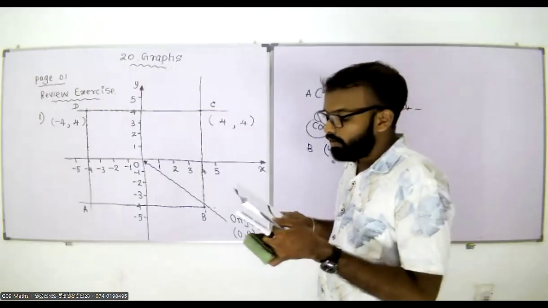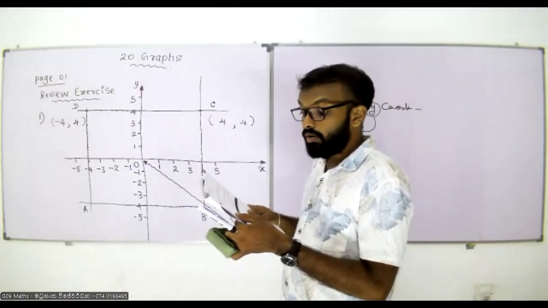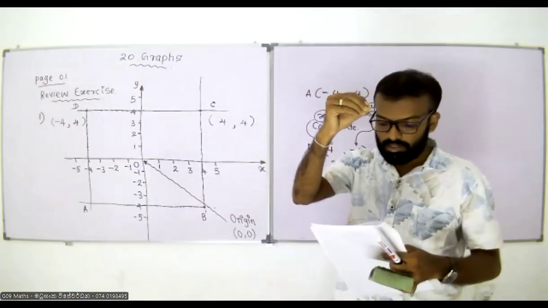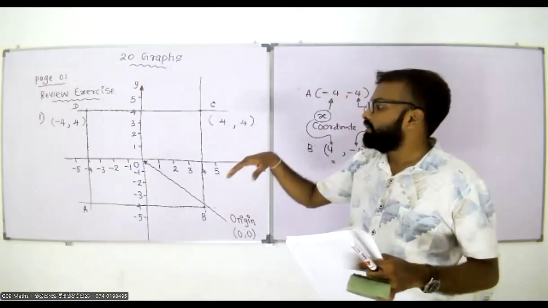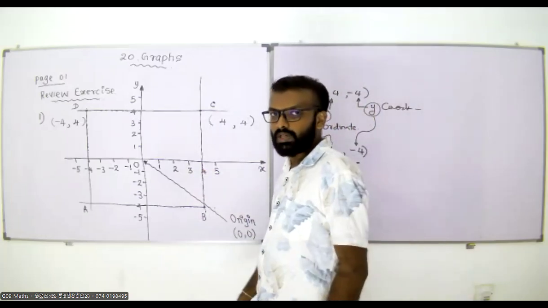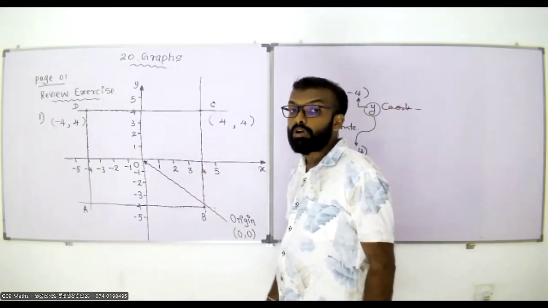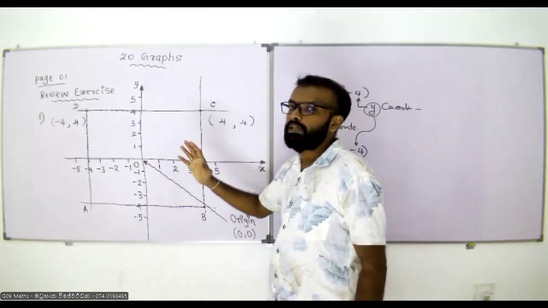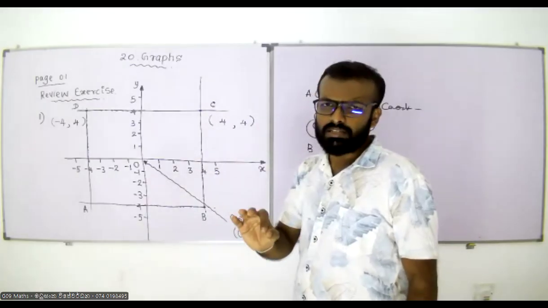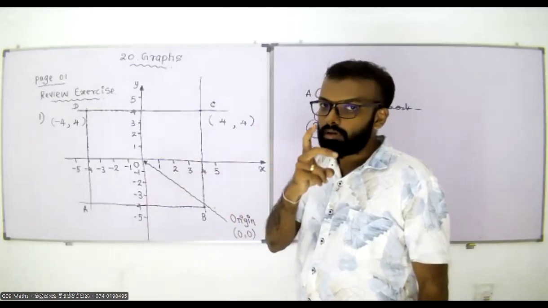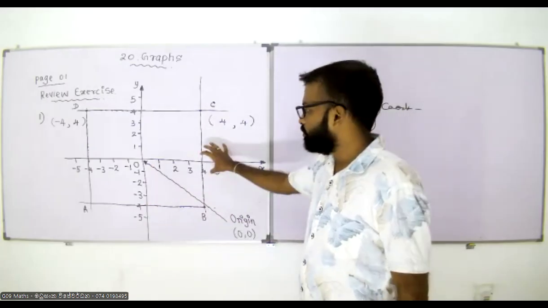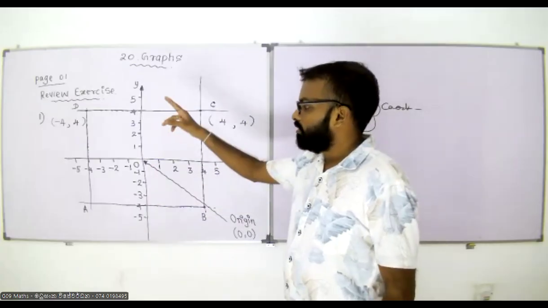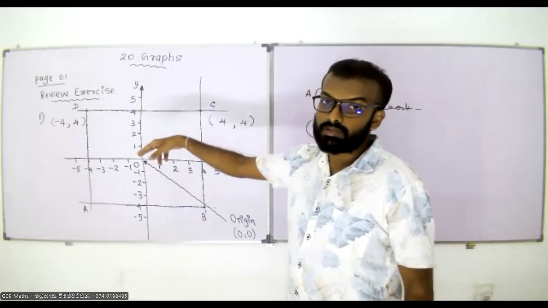Then they are asking to write the equations of each side of the plane figure ABCD. There are 4 sides. How do we write the equations of these 4 sides? Very easy. I'll show you 2 examples, and then it's up to you to write the equations of the rest of the sides.